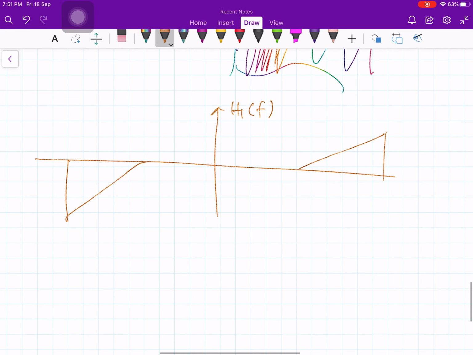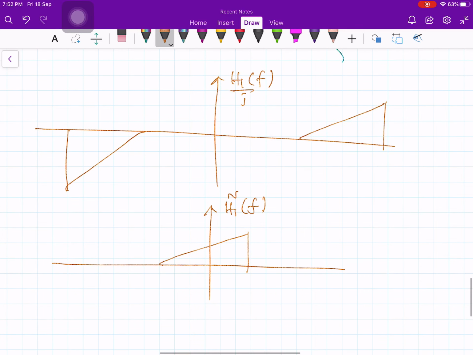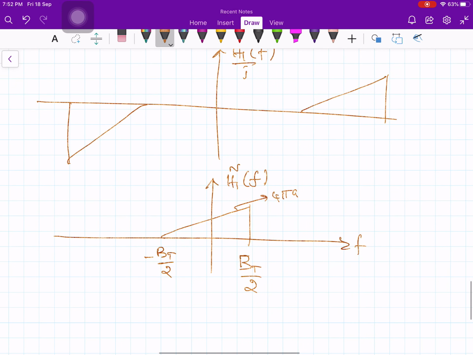Now if you find the complex envelope, it is like this, H1 tilde of f. Here the slope is 4 pi a, and this is from minus b suffix t by 2 to b suffix t by 2. This is my frequency. Okay, this we already know, we have discussed till now.